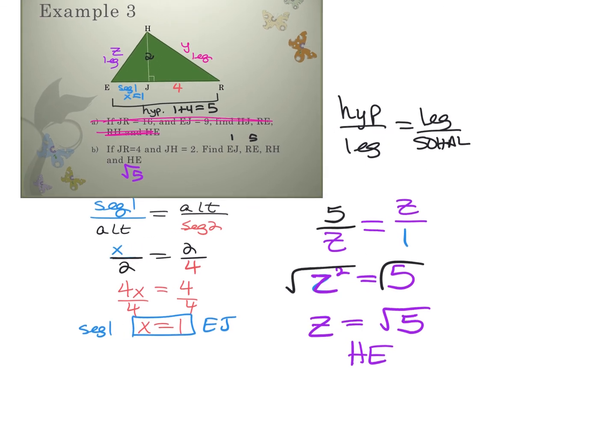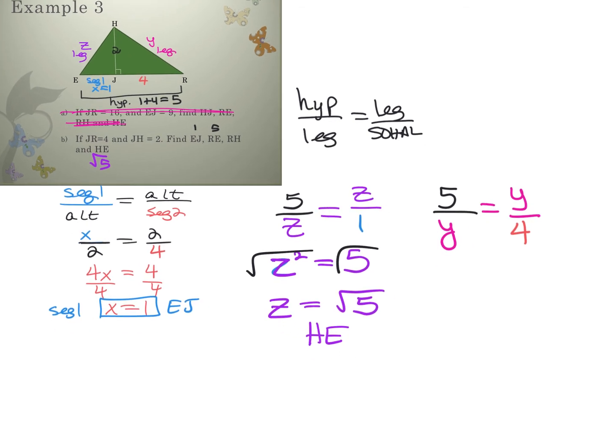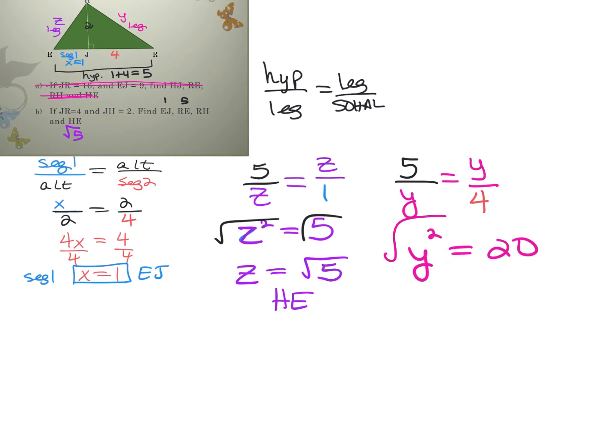Now I got to do pink. Hypotenuse, which is 5, over leg, which is Y, Y, and its Sohal is the red. Its segment of the hypotenuse that it's adjacent to is 4. So now I'm going to cross multiply. I get Y squared. Now, if you go ahead and multiply 5 times 4, it's not a perfect square, so I still got to go back and factor it and break it down.